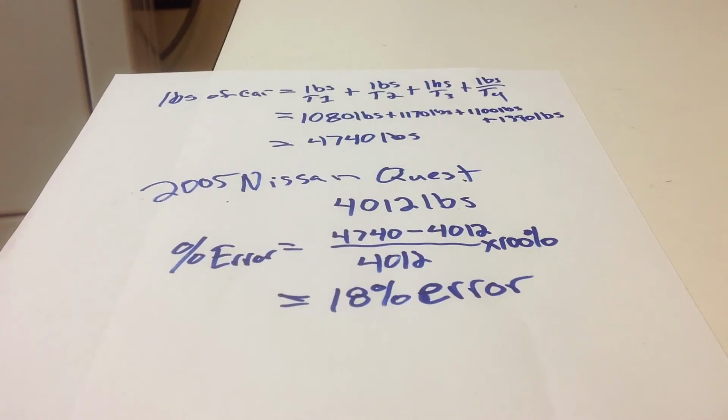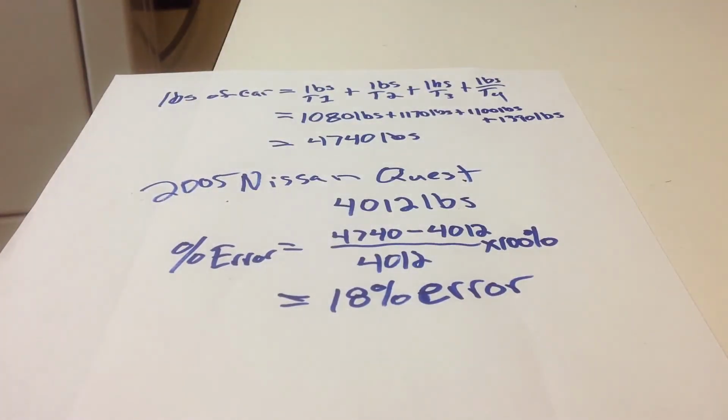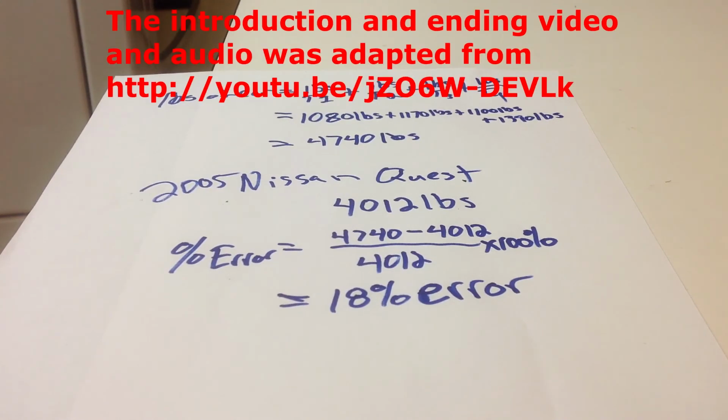I'll take 18% error, and maybe of that 728 pounds that I'm off, with the stuff I already have in my car, maybe 128 of those pounds, or maybe even 150 of those pounds, might just be stuff that's in the car. So maybe it isn't completely inaccurate.